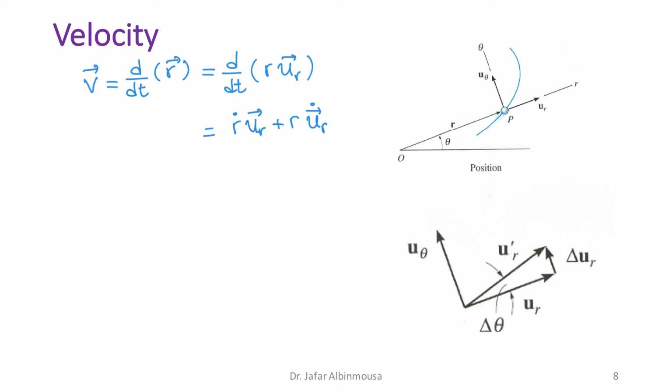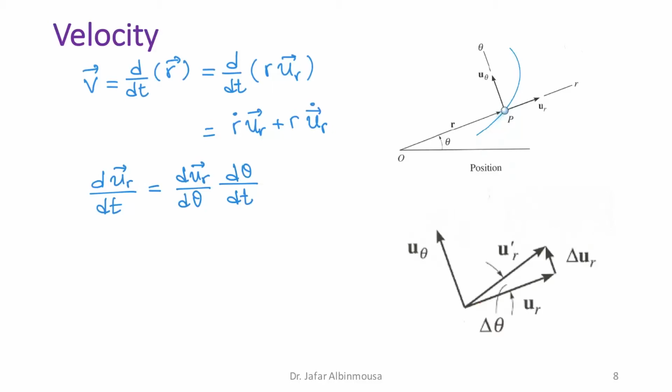And this is just a unit vector. Here, this is the position. But what is the derivative of the unit vector? Now, we can use the chain rule to try to understand what is the derivative of this unit vector. So this is dur over dt, which is equal to dur by d theta multiplied by d theta divided by dt.